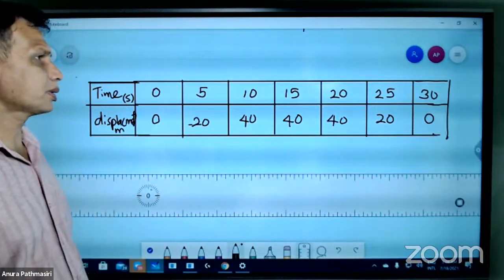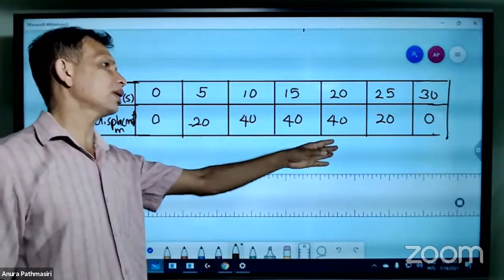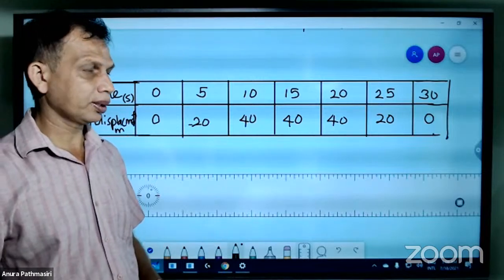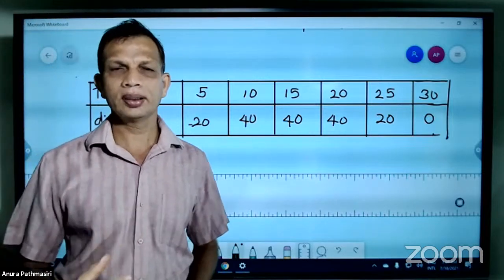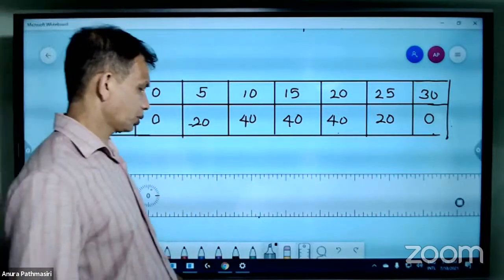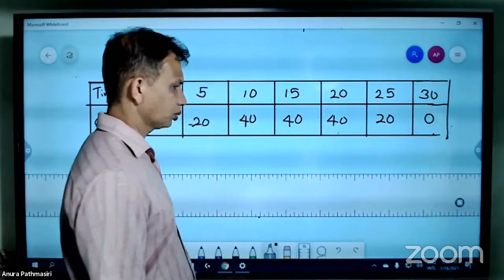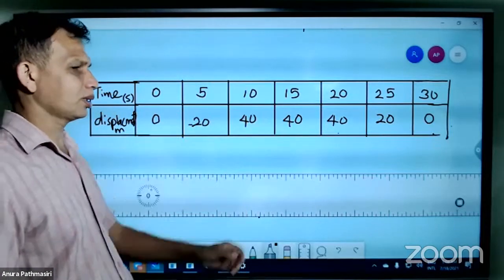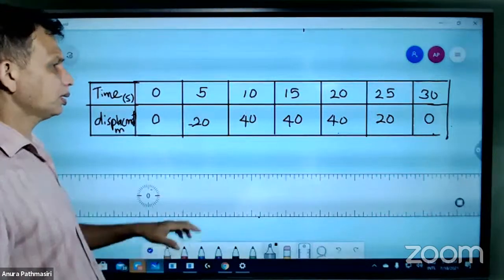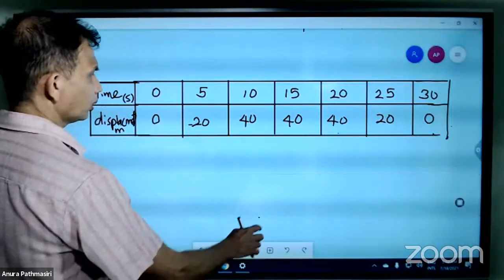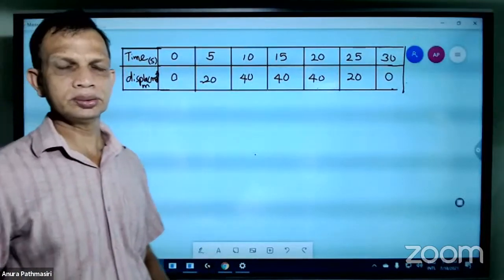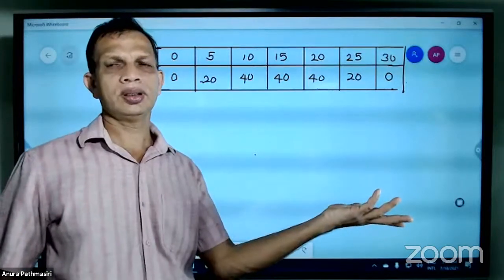So we want to understand what this says. If you can read this table, the tabulated information, we can answer some questions. For some, it is difficult to understand what actually this says. Let's consider. When the time is 0, the displacement is 0. We want to consider, in this occasion, initial position and the displacement.